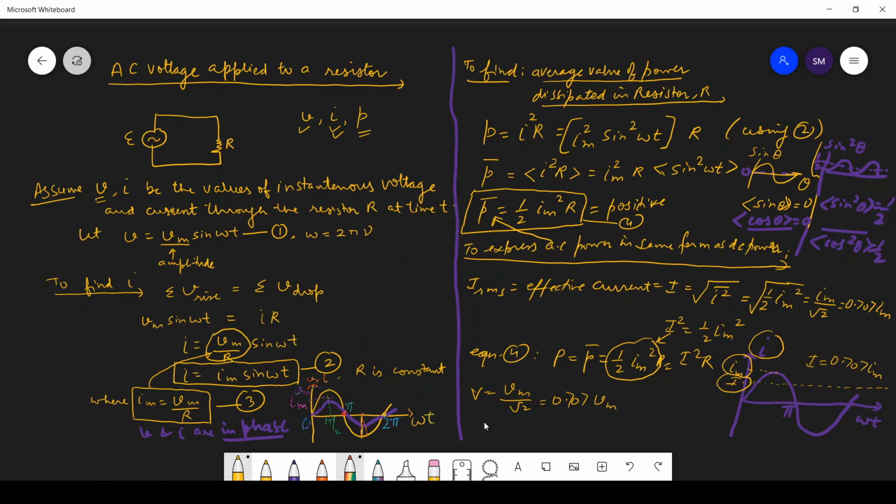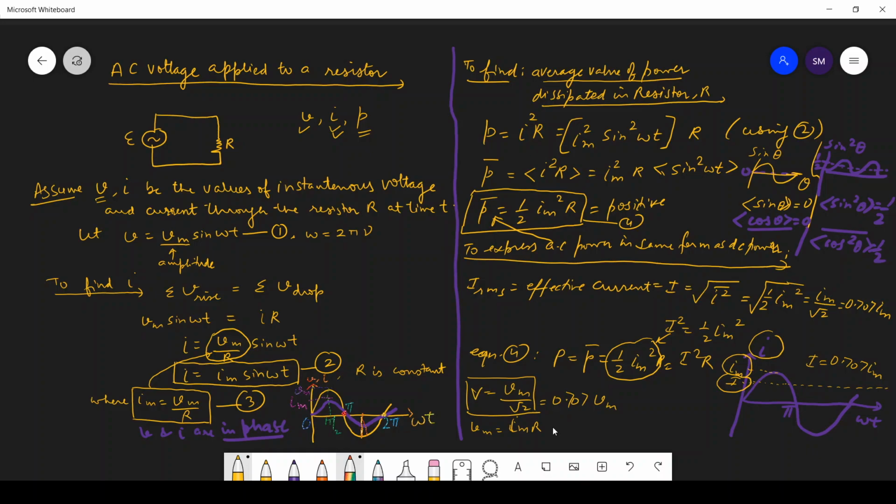Now Im equals Vm by R. From equation 3, we can write Vm equals Im R. The m is of course a subscript, maximum current, maximum voltage.